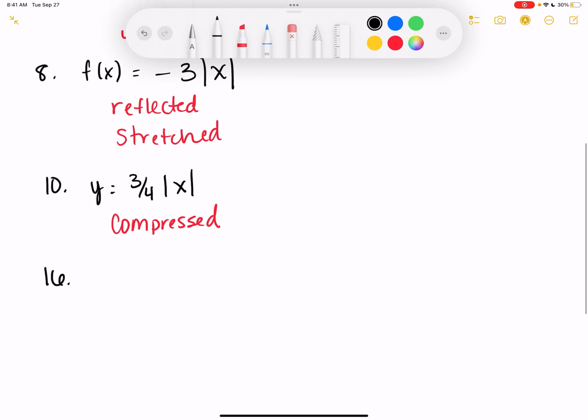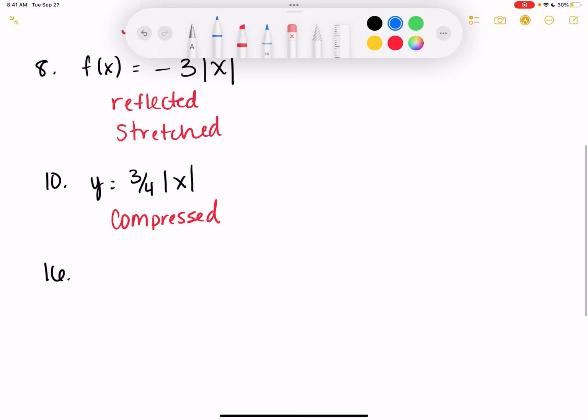So if it shifted right 4, what happens? I always just start with the parent function and then I add to it as I go.